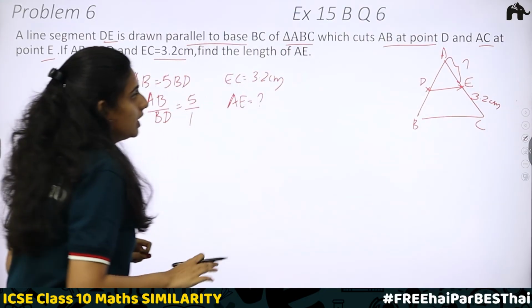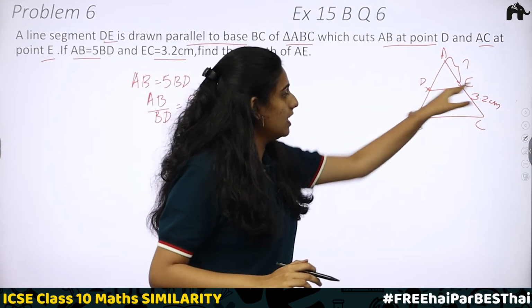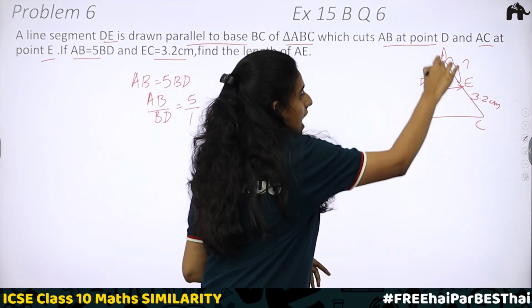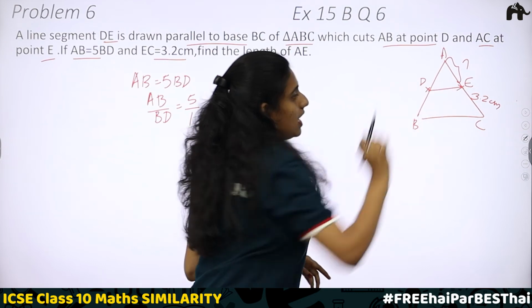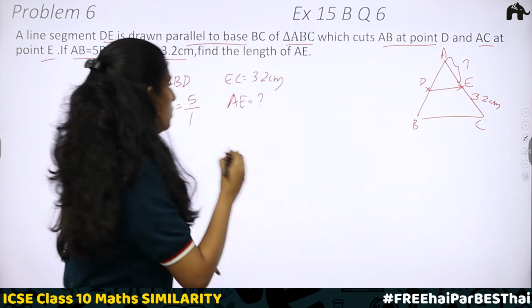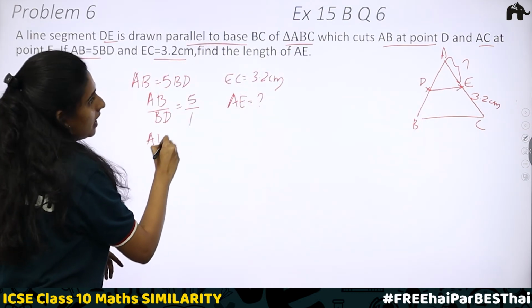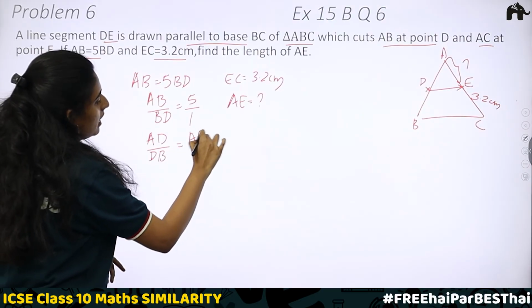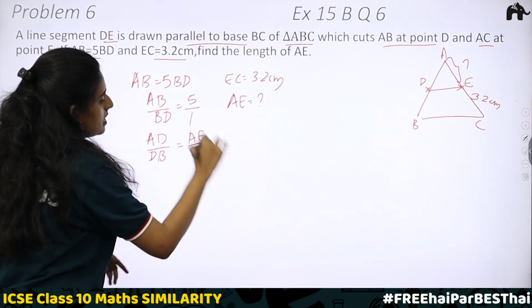Okay. So here, this line DE is parallel to BC, which means DE divides AB and AC at points D and E in the same ratio, which means we'll have AD divided by DB is equal to AE divided by EC.